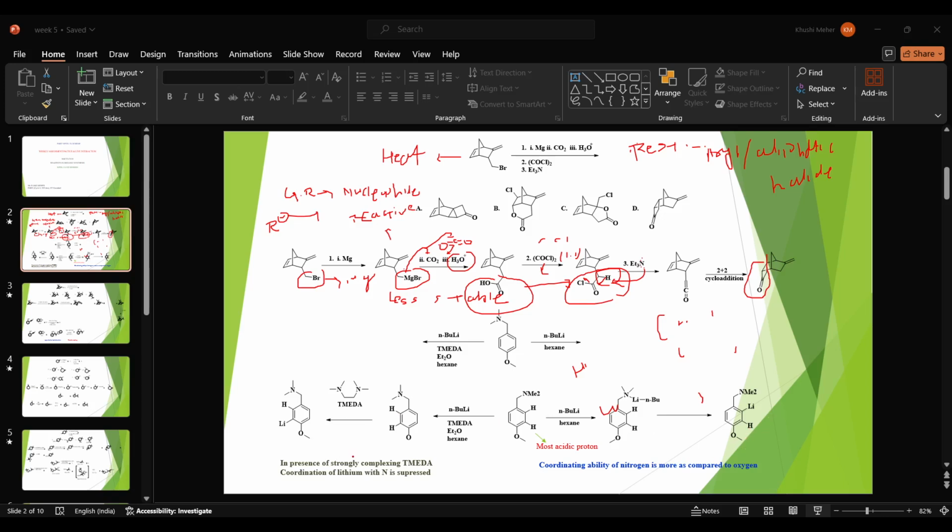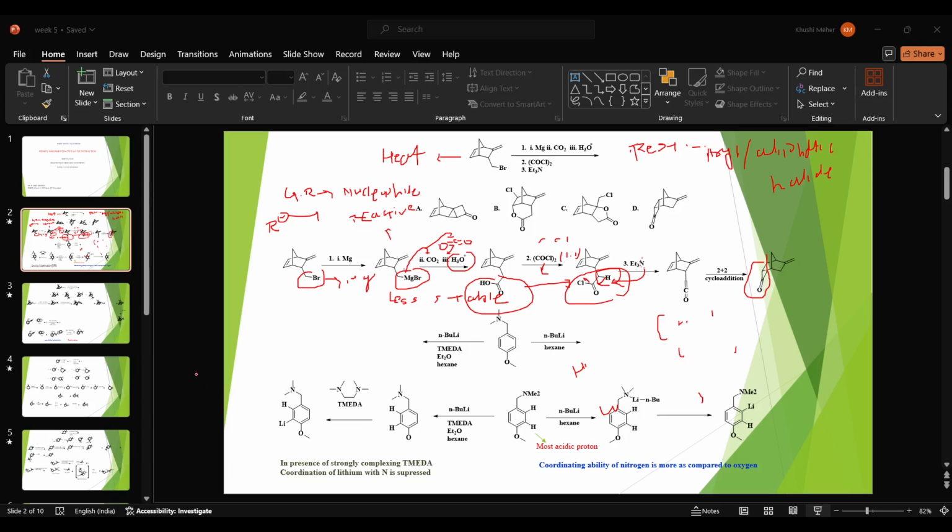But when you are using the TMEDA ligand, what will happen? The TMEDA ligand first coordinates to the n-butyl lithium, because this TMEDA ligand has two different nitrogens that will be coordinated to the lithium.